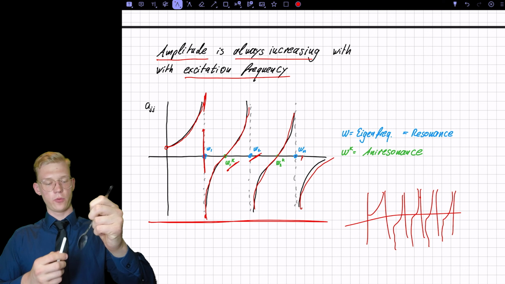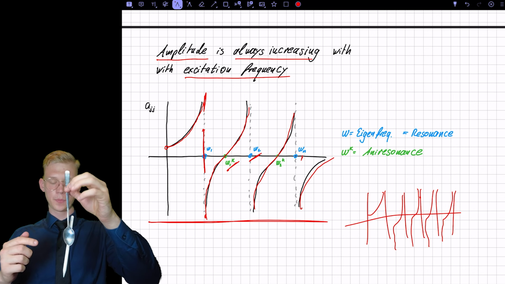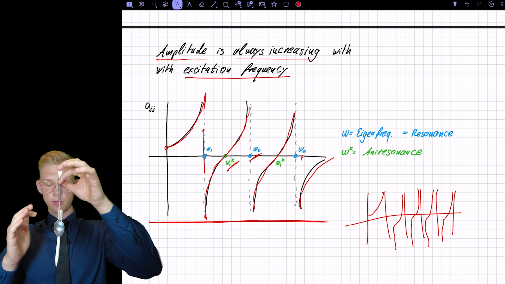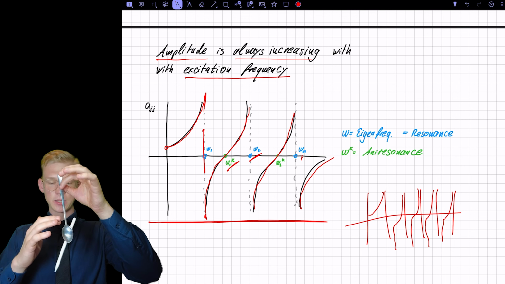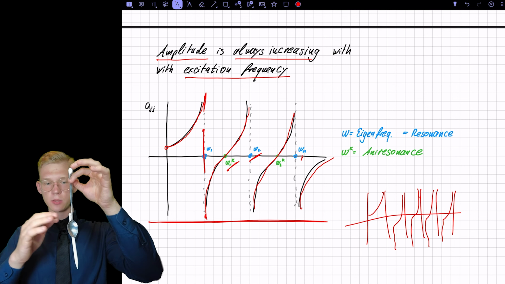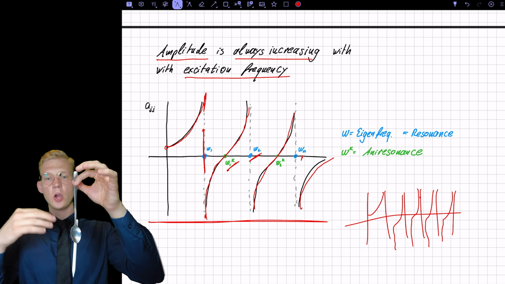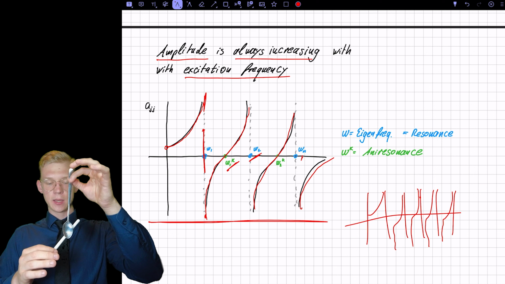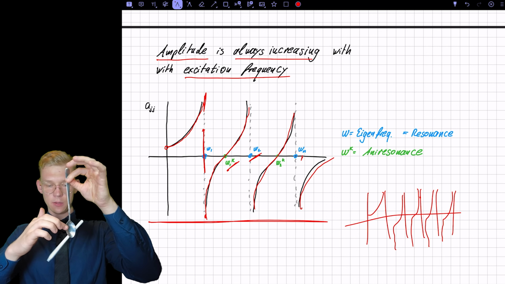So again, if we have our example with the double pendulum, there is a special frequency where I can excite 1 degree of freedom with just the right frequency, so that the degree of freedom that I actually excite will not move, and only the other degree of freedom will move.